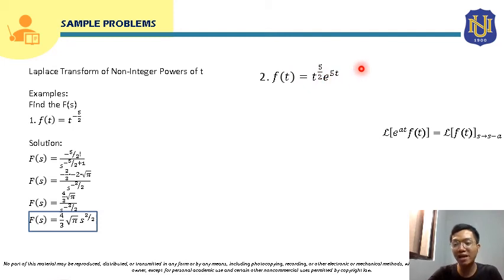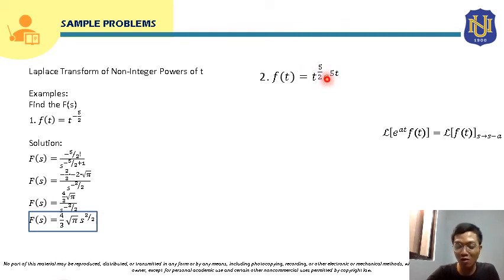We cannot apply s differentiation here, because for s differentiation, we need the exponent of t to be a whole number, an integer. That exponent n will determine how many times you are going to differentiate the Laplace transform of the function that is combined with t raised to n.